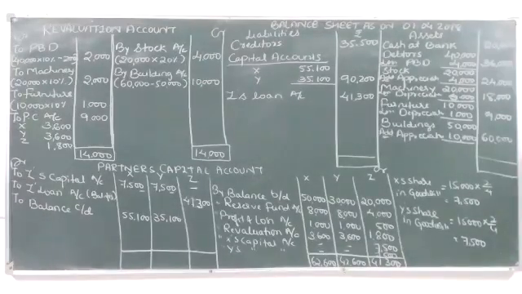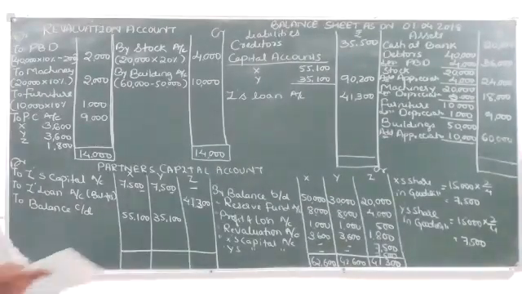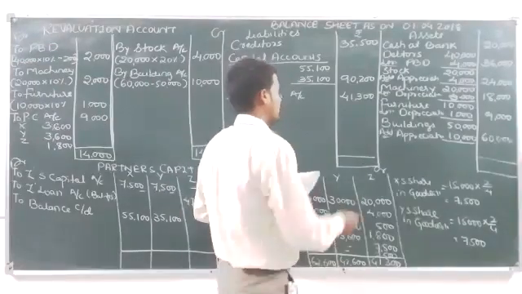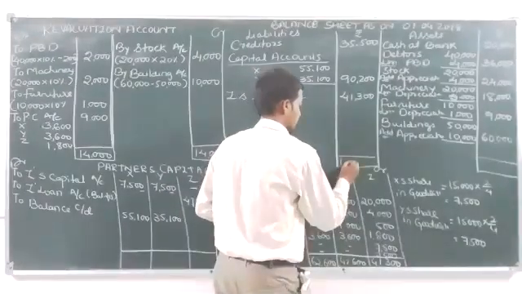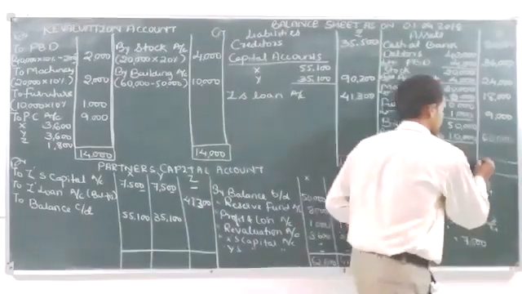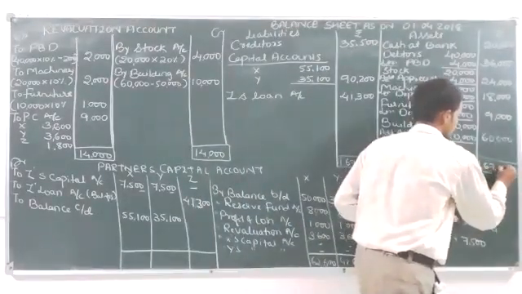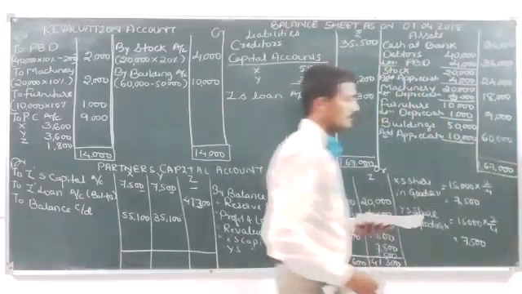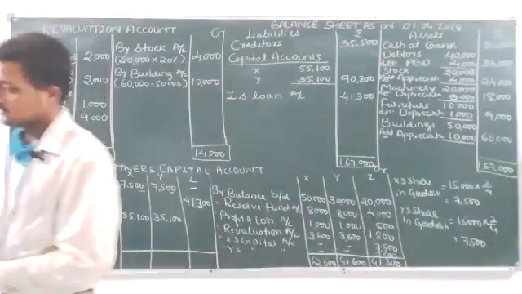Both sides, whether it is 1,67,000. Good. So both sides, it is 1,67,000.